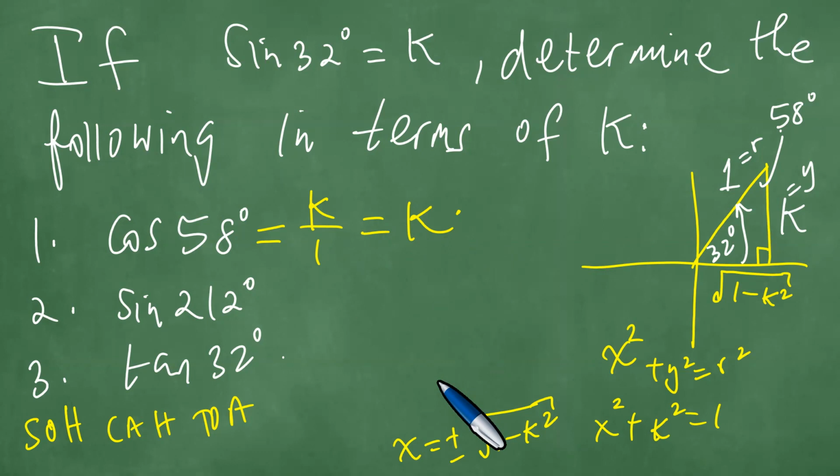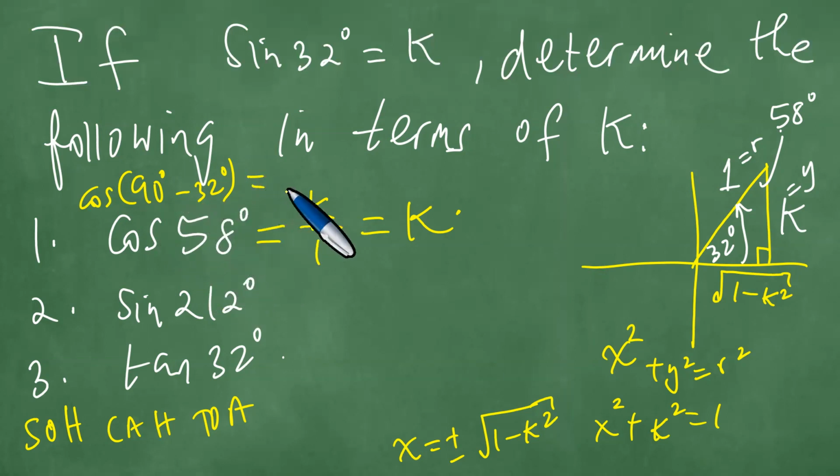But there are many ways to do it. Another student can come and say cosine 58 is the same as cosine of 90 degrees minus 32. Let's check: 90 minus 32 is 58.